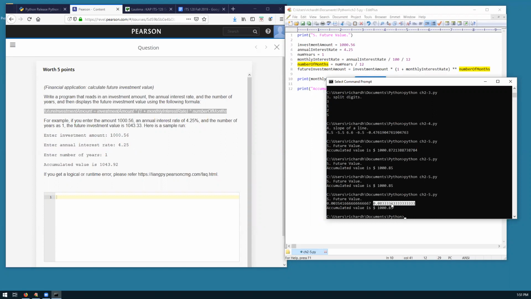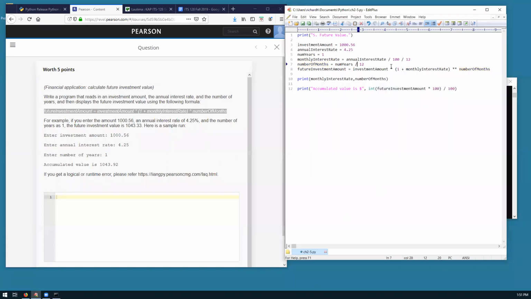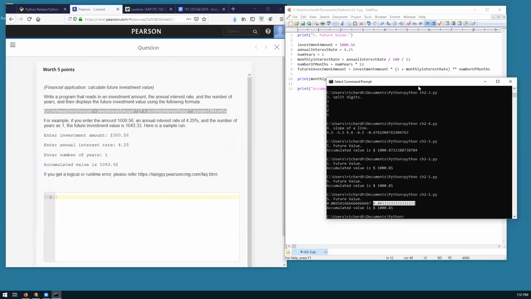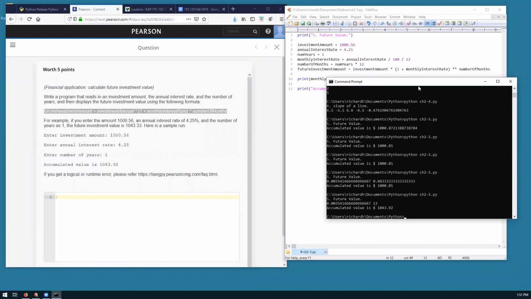And obviously the number of months should be 12. So it's because I made this mistake. It should be times 12. Now let's run this. And we get 104392. Number of months is 12, and the monthly interest rate is that.